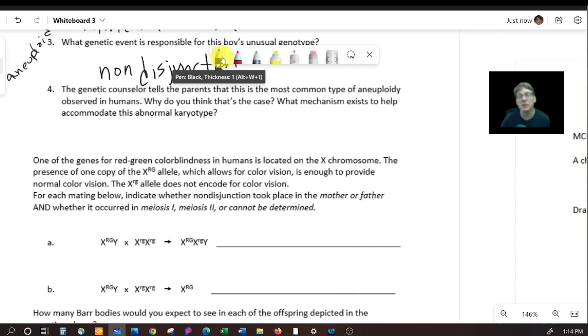The reason that these are the most common aneuploidies is that mammals, humans being mammals, have an imbalanced sex chromosome system between males and females, in the sense that males have an X and a Y while females have two X's.